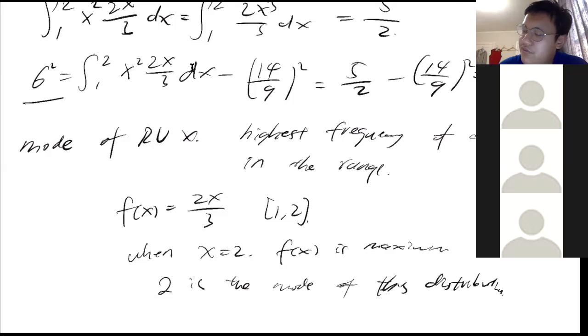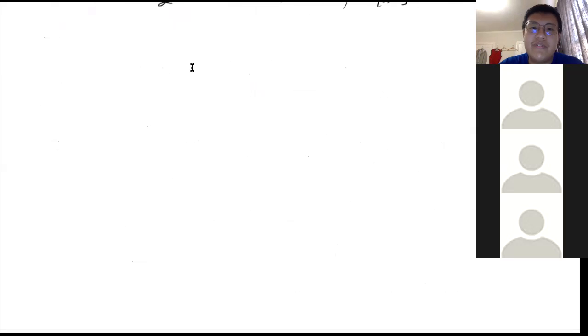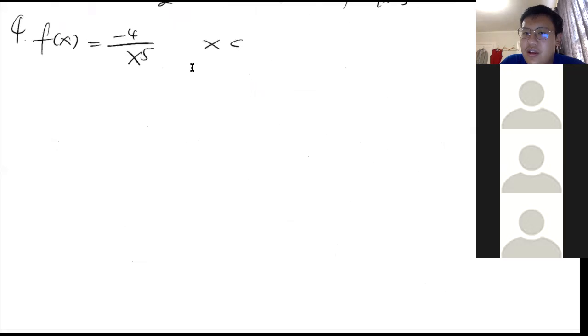Okay, let me go through problem 4. I'll leave you more time on problem 5. So problem 4 says a PDF is given by f(x) equal to -4 over x to the 6, with x defined in the range x less than -1. I want to find the standard deviation. So we need to find mu first.